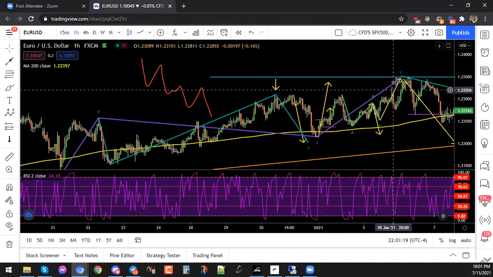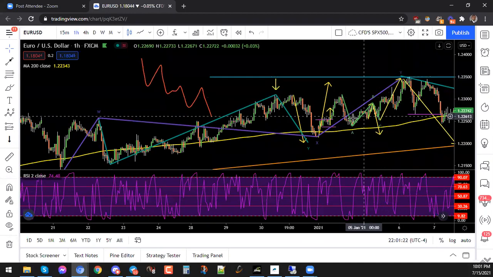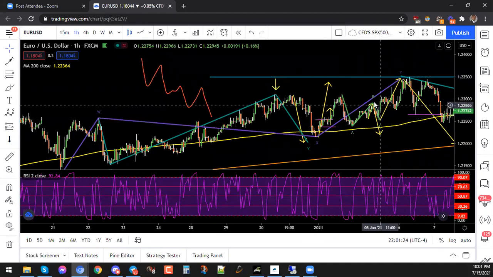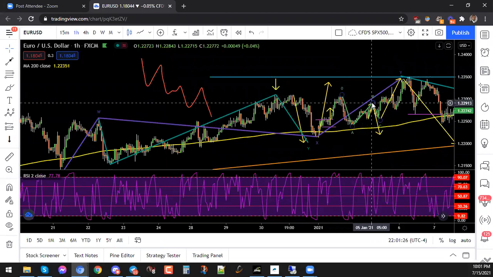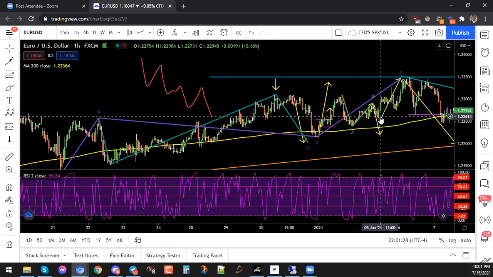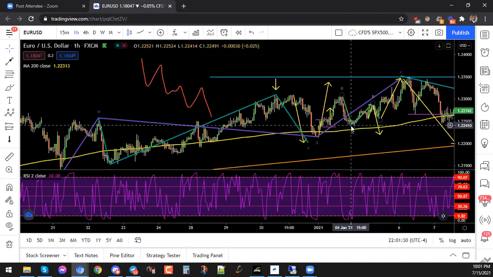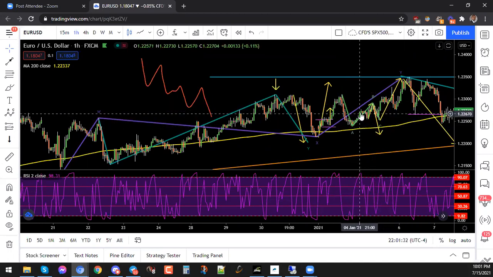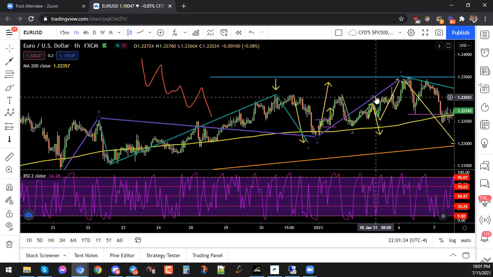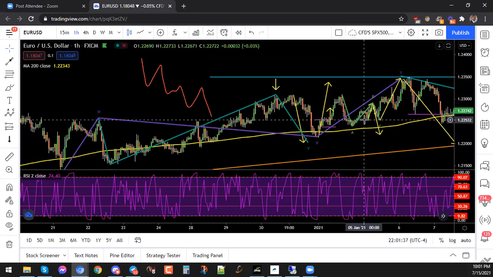I will look for that big wave, right? So these internal waves, this one is big, this one is big. Well, it was expected to be big, but I would not go for these inside here. These inside here would be more like a scalp, but because corrective formations could take on so many different patterns, they're not always very easy to predict, so you got to be very careful with them.